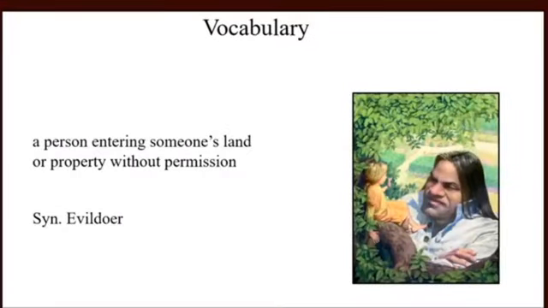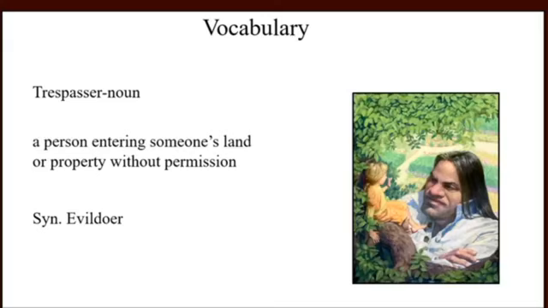The last is a person entering someone's land or property without permission is called what? Trespasser. Trespasser is a noun. The children enter into the giant's garden without his permission, so they are trespassers.